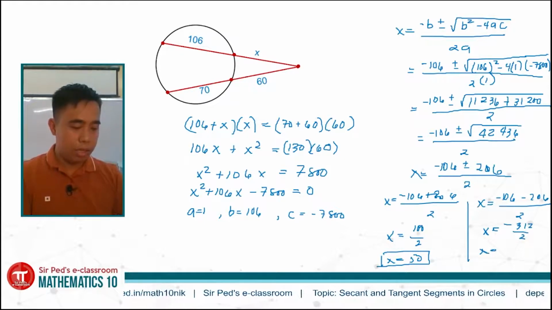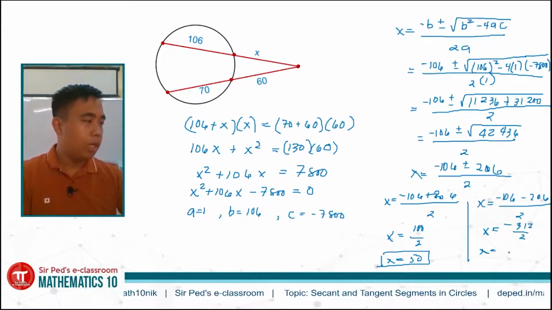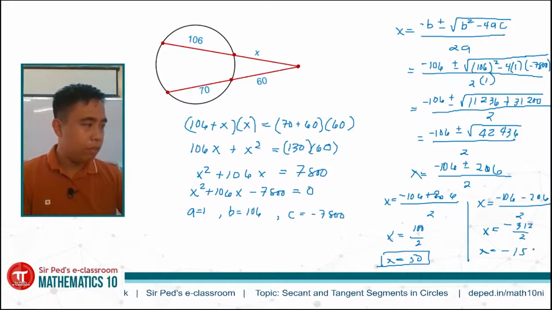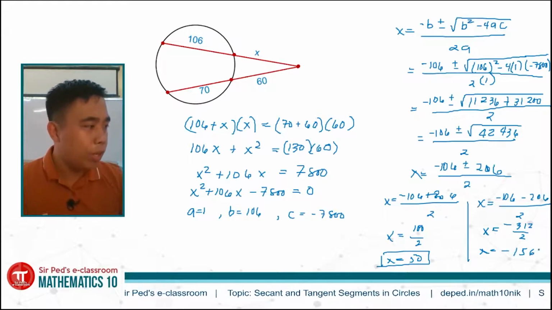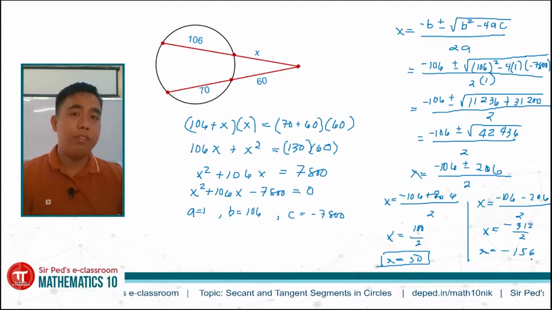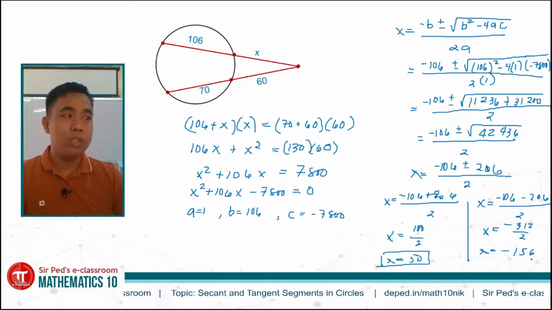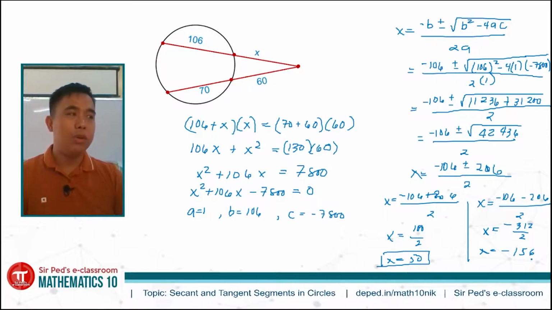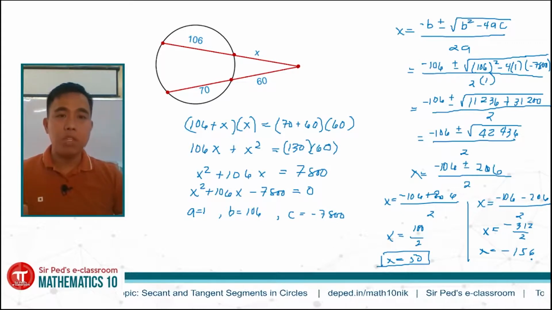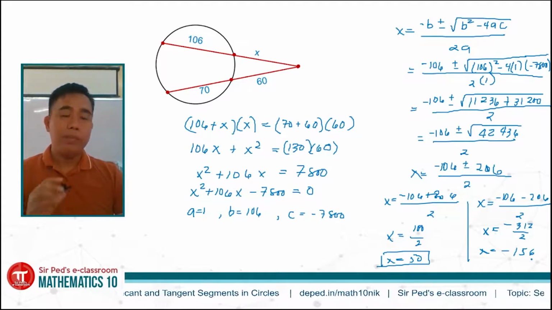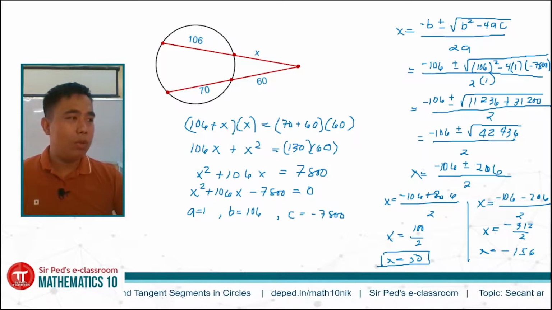So, x is equal to negative 156. We are going to disregard negative 156 since there's no negative length. So, the distance between the amusement park and the entrance is equal to 50 meters.